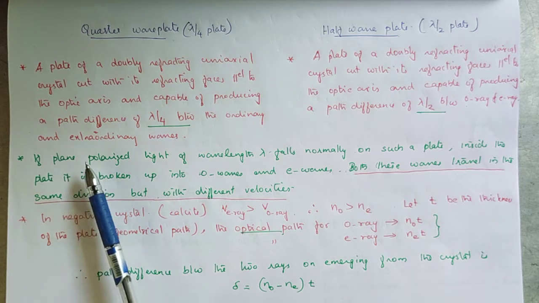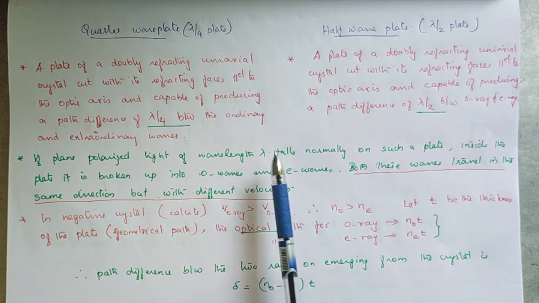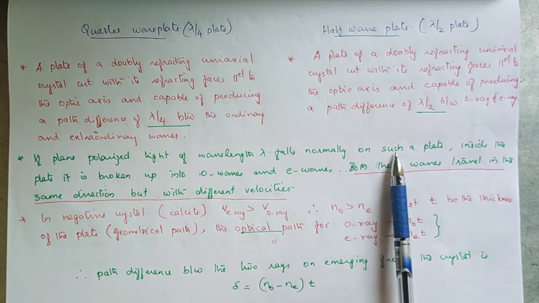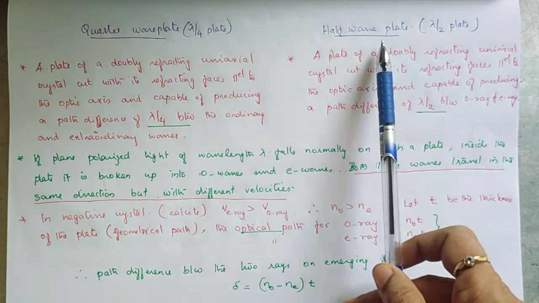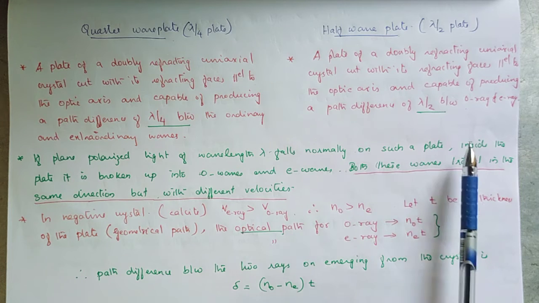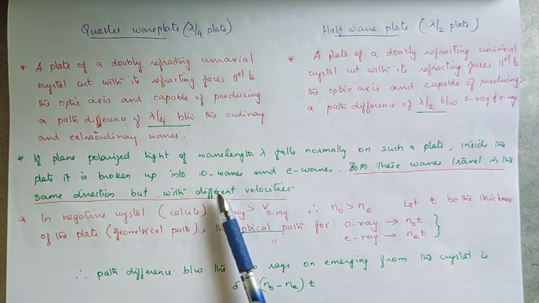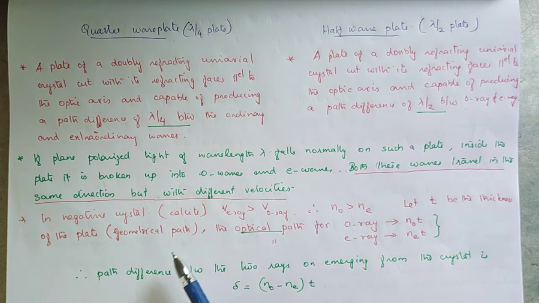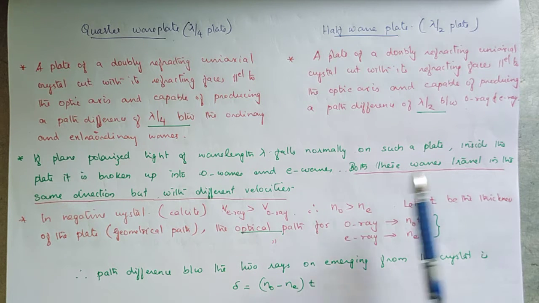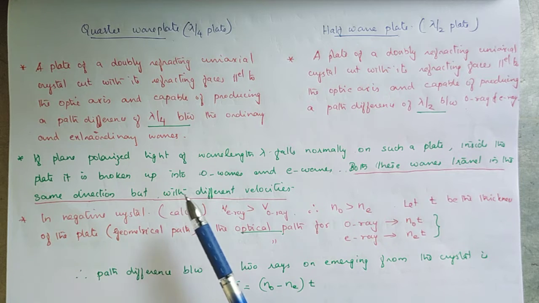If a plane polarized light of wavelength lambda falls normally on such a plate, either quarter wave plate or half wave plate, inside the plate it is split into two waves, ordinary wave and extraordinary wave. Both these waves travel in the same direction but with different velocity.